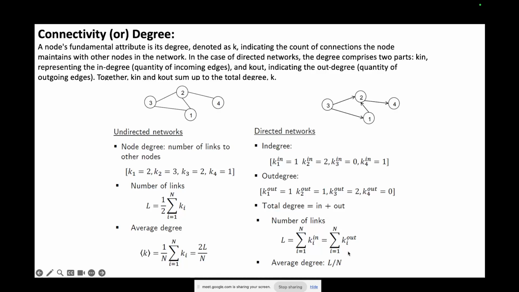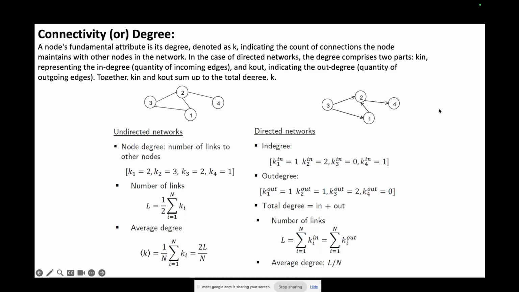In case of directed networks, you have in degrees and out degrees, which you calculate separately. Node number 1 has in degree 1, node 2 has 2, node 3 has 0. All the edges connected to node 3 are coming out of node 3, not going towards it.